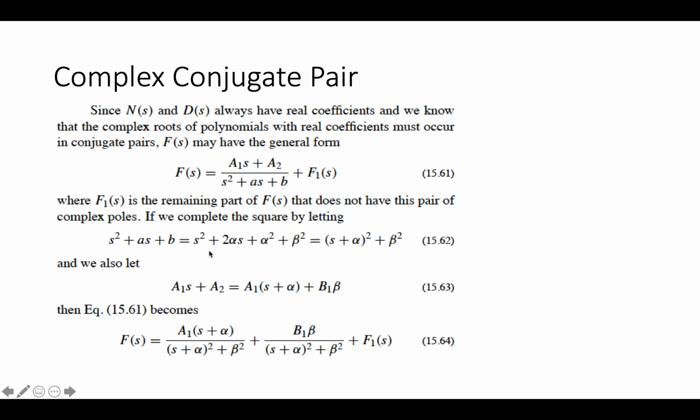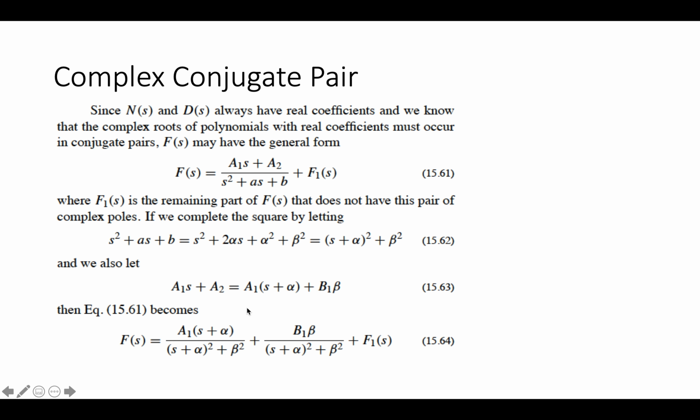So we can take this first part and factor it as s plus alpha squared, and then whatever is left is beta squared. Then we can also look at the numerator, and we can write that as a1 times s plus alpha plus some other constant b1 times beta.